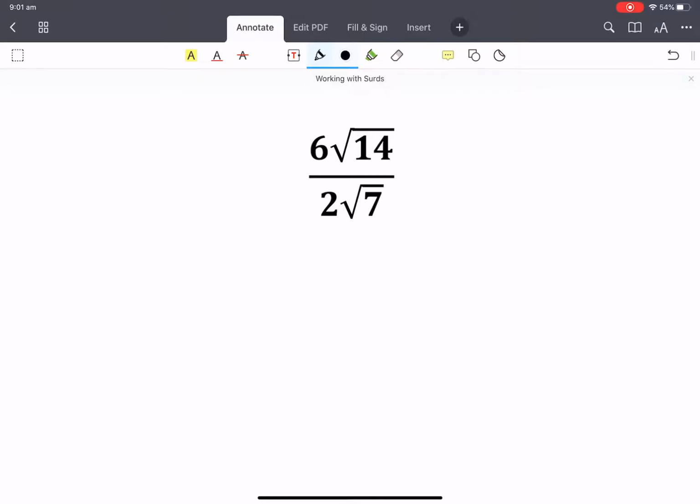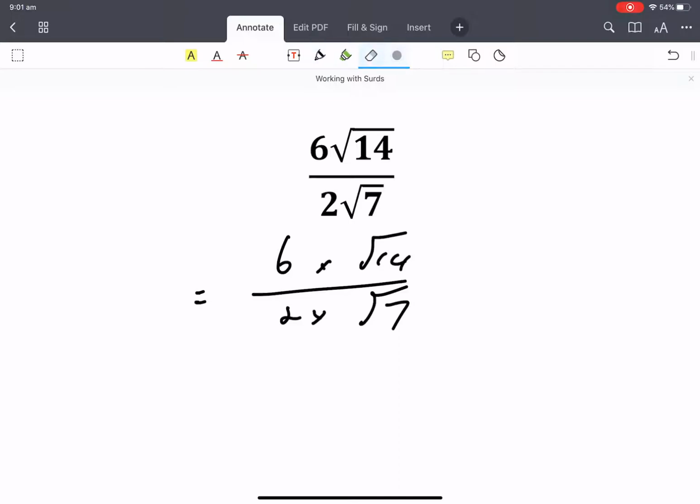We can do this one, that's 6 times root 14 on 2 times root 7.